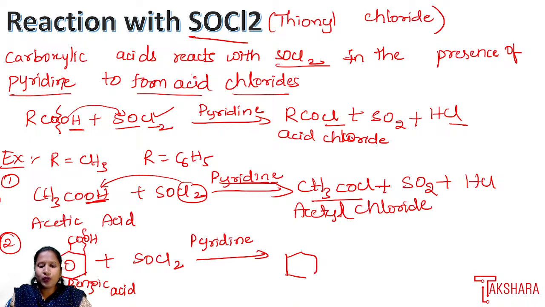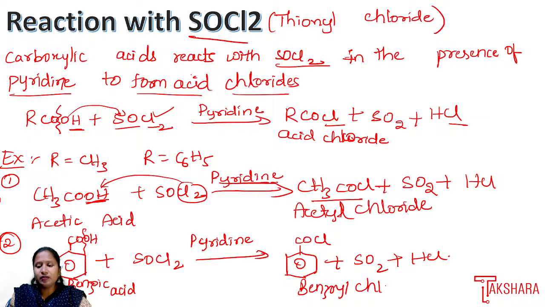So the product obtained is C6H5COCl, plus SO2 plus HCl. So the product is what? Benzoyl chloride. Benzoyl chloride formation takes place. So these are the reactions involved when carboxylic acids are combined with thionyl chloride.